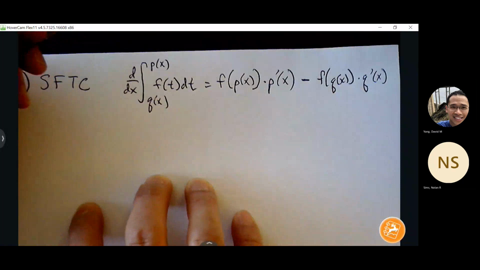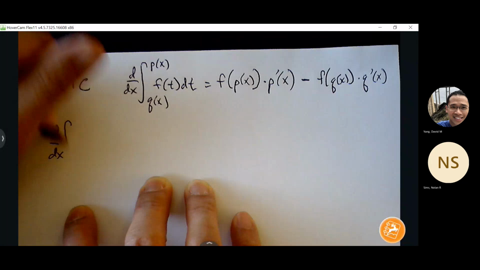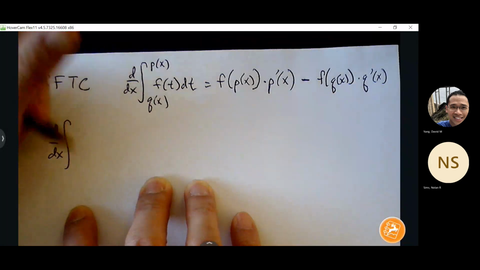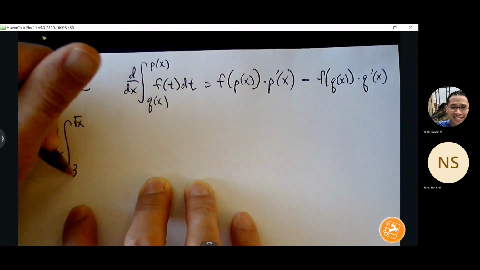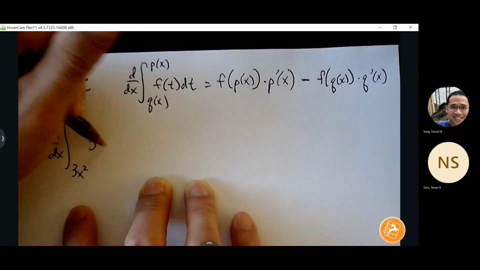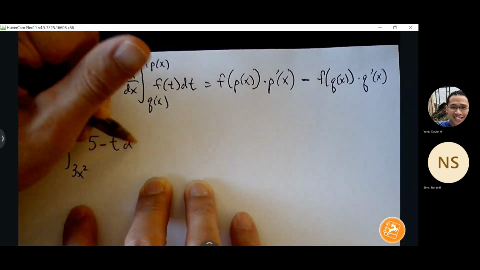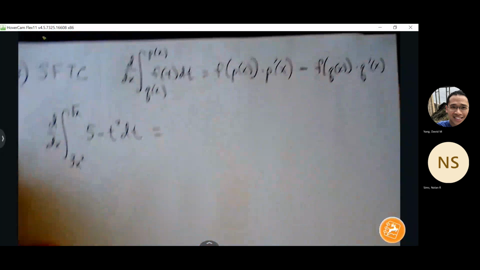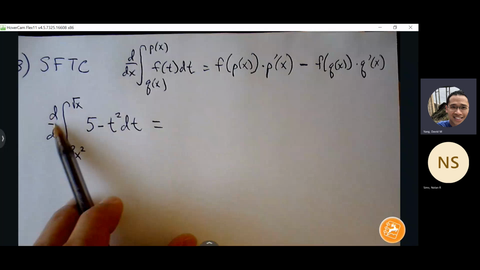Here's an example. So derivative and integral are paired next to each other.